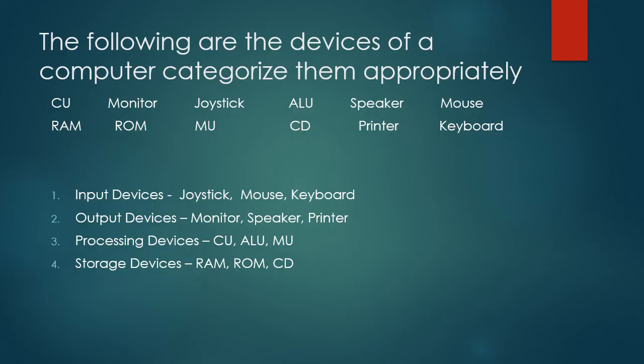Output devices given here are monitor, speaker and printer. Third is processing devices, and the processing devices are CU, ALU and MU. Number 4 is storage devices, and the storage devices are RAM, ROM and CD.